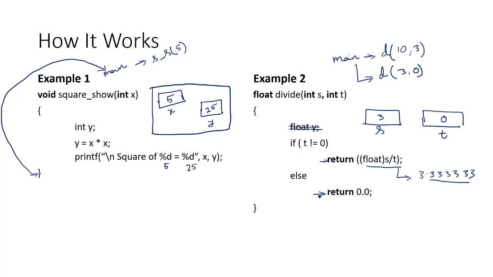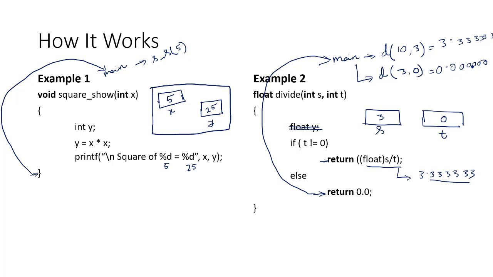So the divide function will return 0.0 to the main function. For the first case, the main will get 3.33333, six 3s will be there, and in the second case, the main function will have 0.00000. So that is how the return statement will work, and that is how, if the function does not have any return statement, it will work and go back to the calling function.